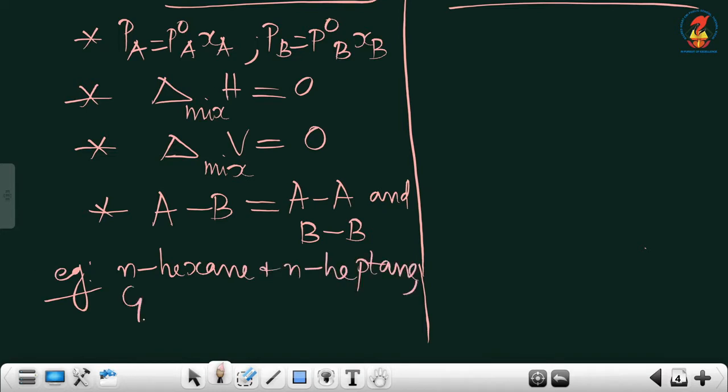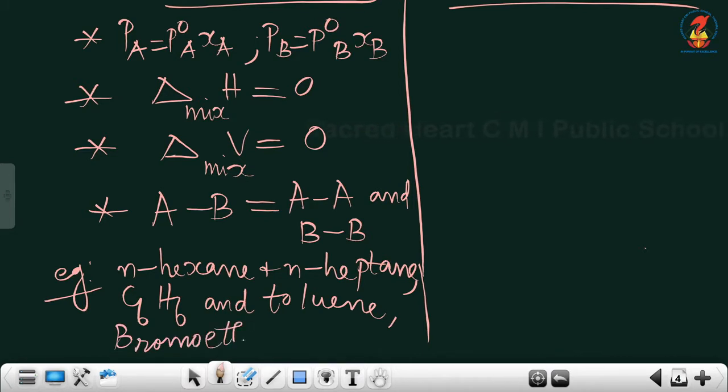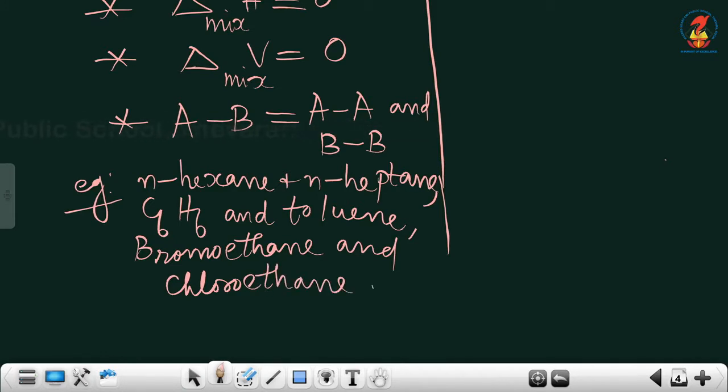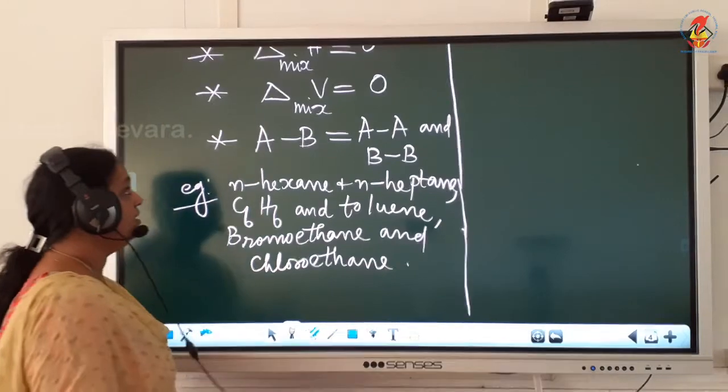The next example is benzene and toluene. And the third example is bromoethane and chloroethane. So these are the three examples for an ideal solution.